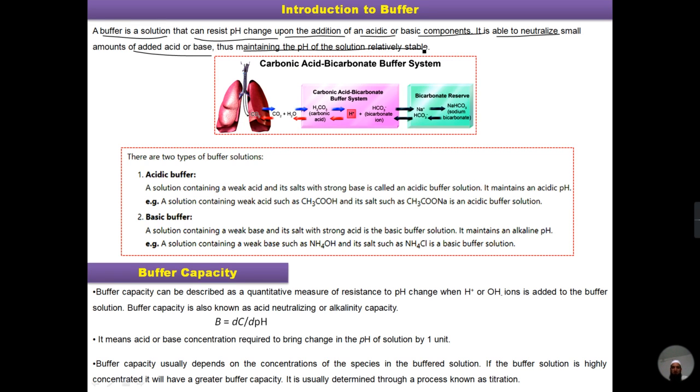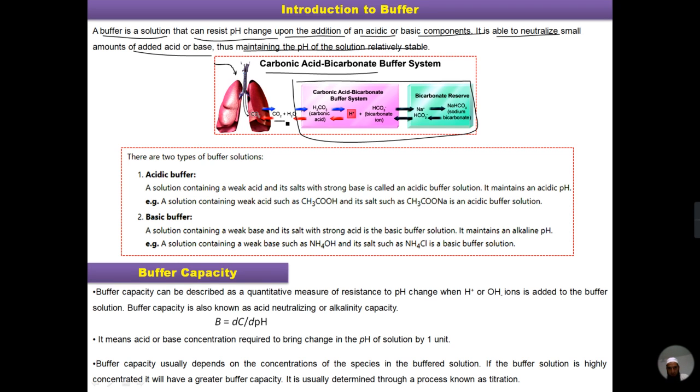Now the striking example of buffer is the human body. We know that in the human body we have carbonic acid equilibrium which is existing in the blood. कैसे बनता है? In shortcut, the carbon dioxide is taken from the atmosphere through the lungs, and then it goes into the blood. Now inside the blood, this is what is happening.